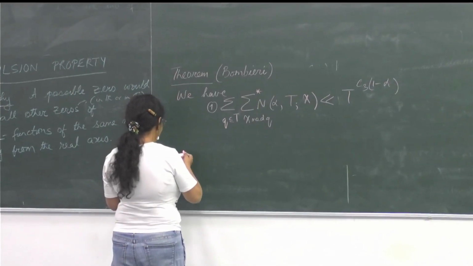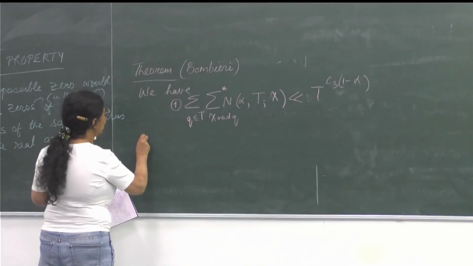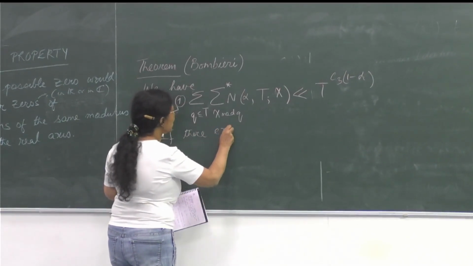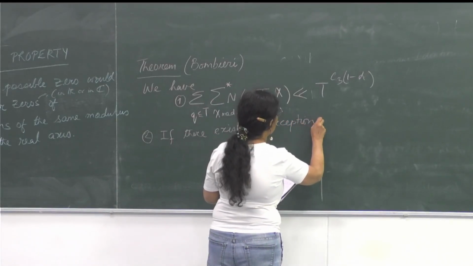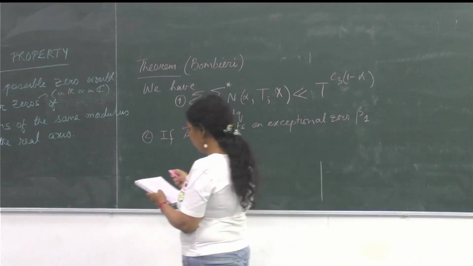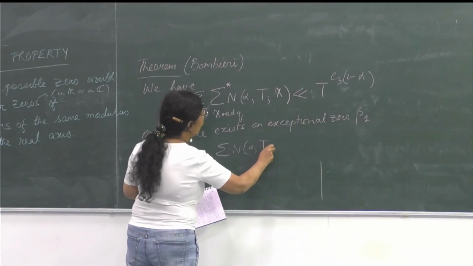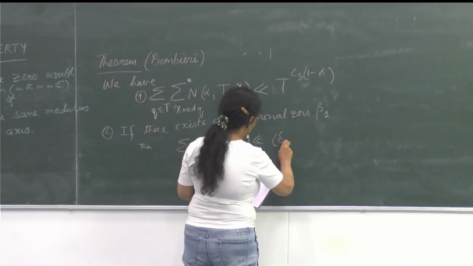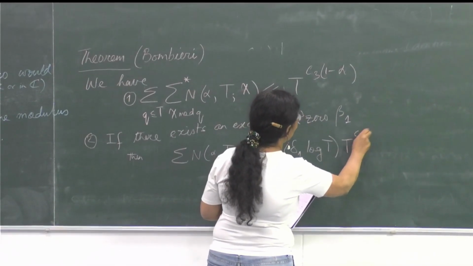This happens in general. And two, if there exists an exceptional zero, which we will call beta 1, like yesterday and the other days, then this sum of N(alpha, T, chi) is less than sigma 1 log T times T^(C3(1-alpha)).